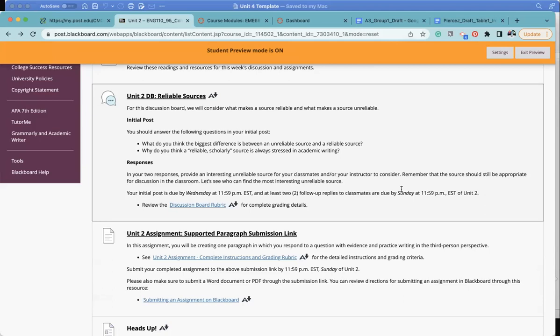Now, a lot of people really struggle with what to say. I'll post some information later in the week that may help you with that. But just keep in mind that when you are responding to others, you don't have to have as long a response as your original one for the prompt, but you do want to have at least 3 to 5 sentences.